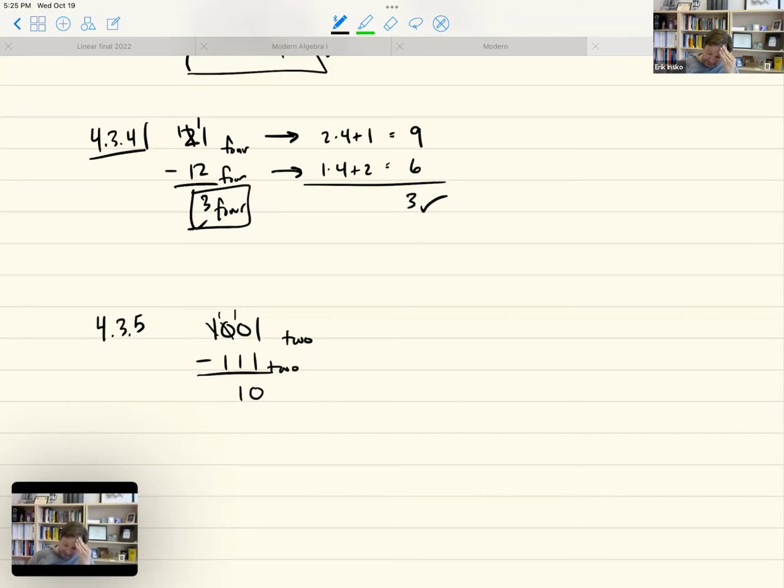So one way to look at this is that in base 2, the following subtraction is equal to 1. Base 2, right?